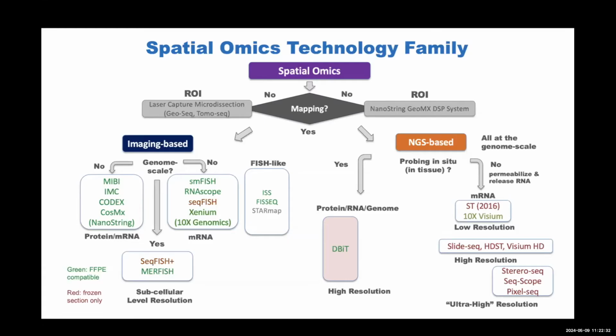Literally 10 years ago, if you could image just 4 or 5 fluorescent markers, you were very good; you were basically the best in the world at fluorescent microscopy. But nowadays that can increase to over 100 for proteins, and for gene expression using FISH, two technologies like MERFISH and seqFISH allow you to image almost the entire transcriptome, genome-scale gene expression analysis.